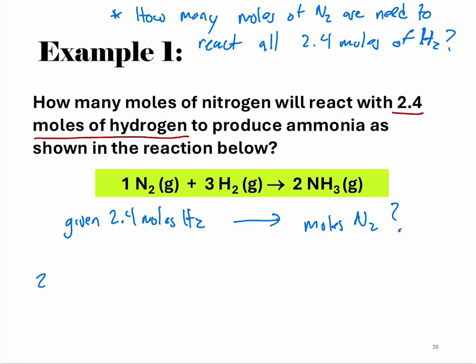And so we start with 2.4 moles of H2. Then we use the molar ratio. What is the molar ratio between nitrogen and hydrogen here?